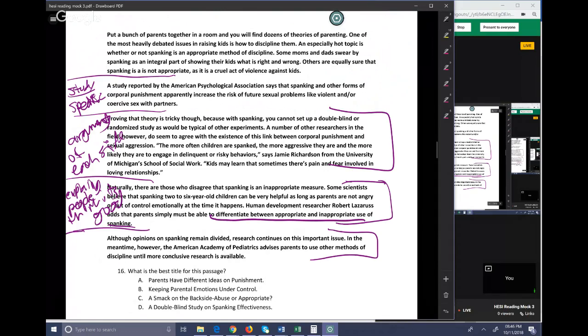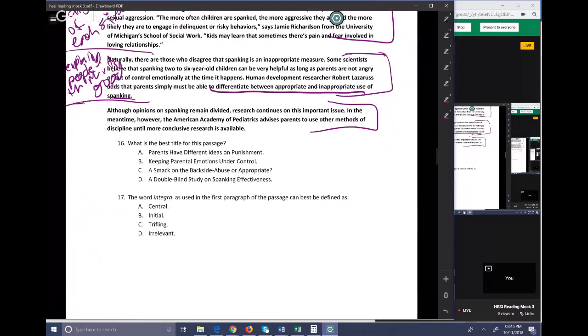Basically what the author is saying, the author is barely, slightly leaning to the side of don't spank, because the author's like, well, in the meantime, until we can conclusively say this does or does not happen to kids that get spanked, you should not spank because there is a possibility that it does create sexual aggression later in that kid's life. So the author is essentially saying we're doing more research, but in the meantime, it would be safest, in the author's opinion, really, to not spank just in case this thing actually turns out to be accurate.